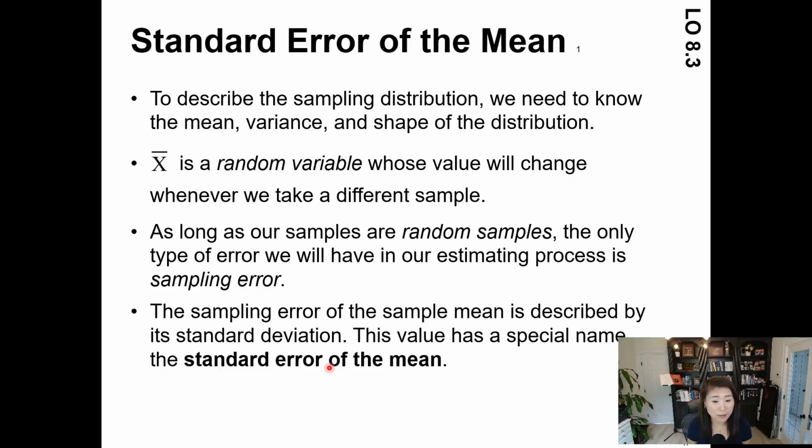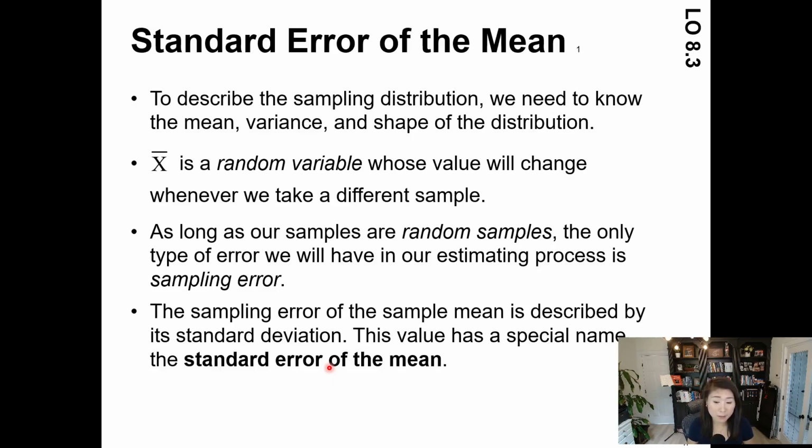As long as our samples are randomly sampled, the only type of error we will have in our estimating process is sampling error, which means every time we go back, we might get different numbers, causing the mean of x bar to look different every time, and also different from the population mean.